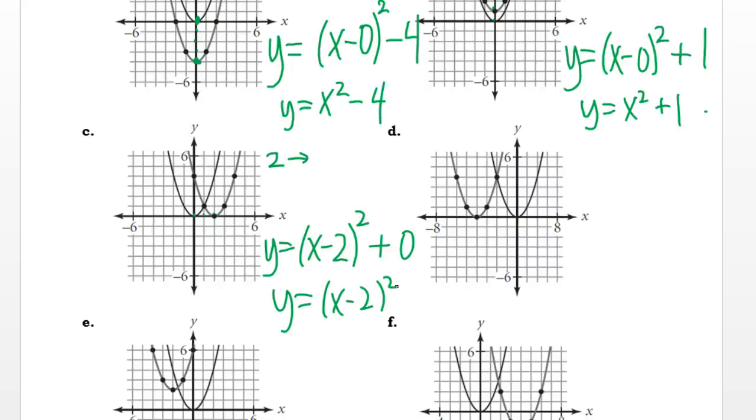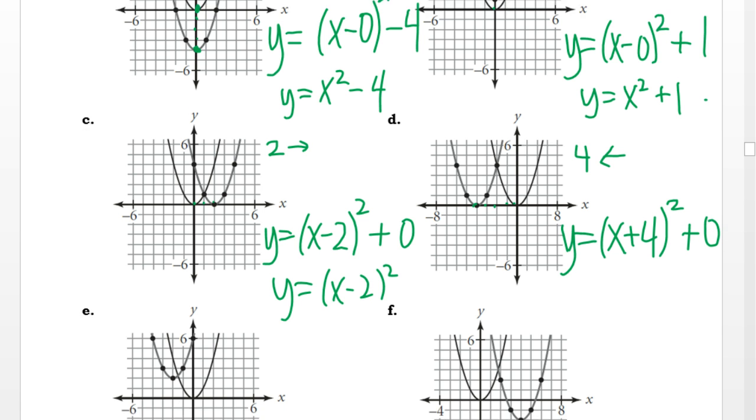Letter D has my original at the origin, and then the translated version is 1, 2, 3, 4 units to the left. x plus 4 moves it to the left, squared gives it the parabola shape, and it moves 0 units vertically.